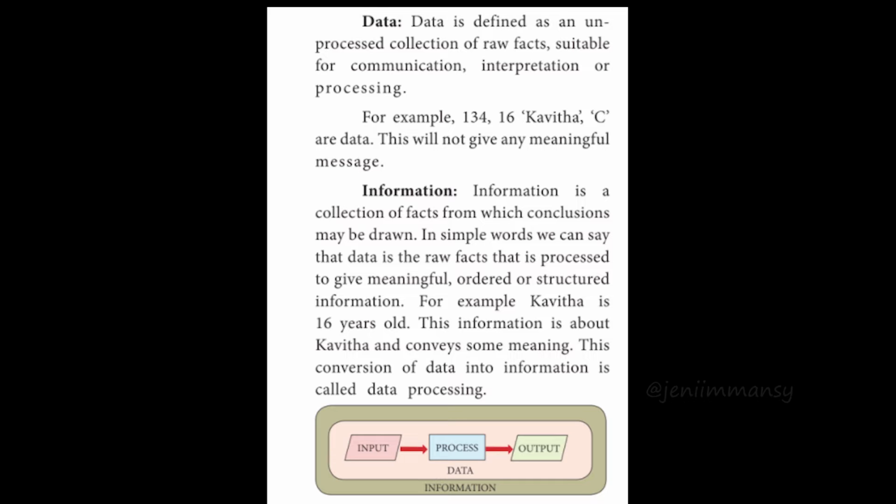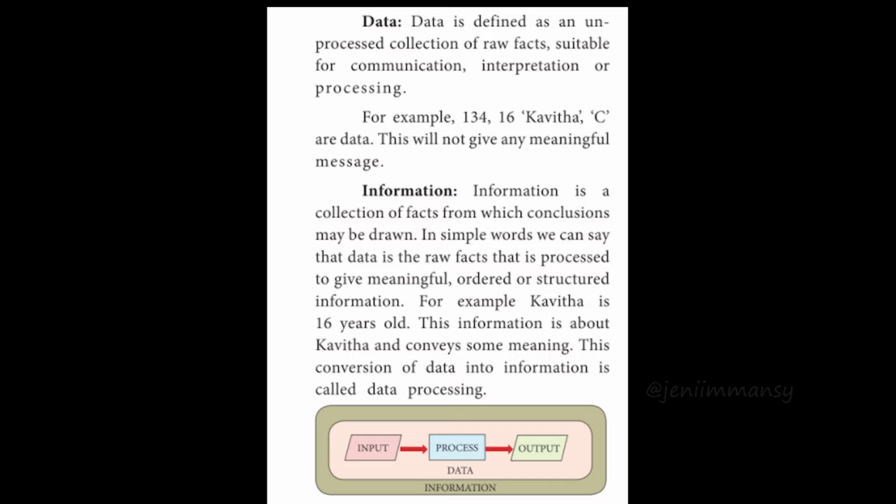Data means it is an unprocessed collection of raw data. Information, in the sense, it is a collection of facts. That means a conclusion will be made from that data. Okay, that is information. Data means it is an unprocessed collection of raw facts that will be useful for communication, or maybe for any other processing or anything.